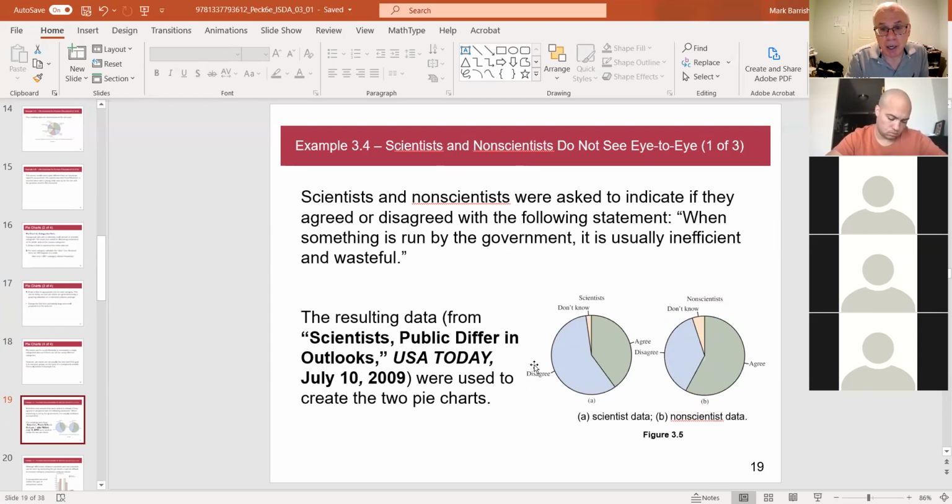And notice that if you look at the charts here, this is the scientist chart, and this is the non-scientist. Somebody tell me, by looking at this chart, what's the big difference between scientists and non-scientists with regard to this question?